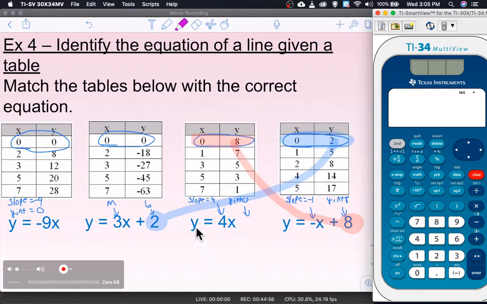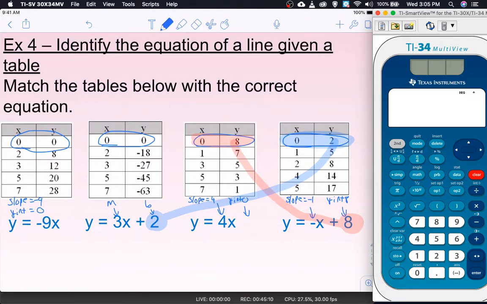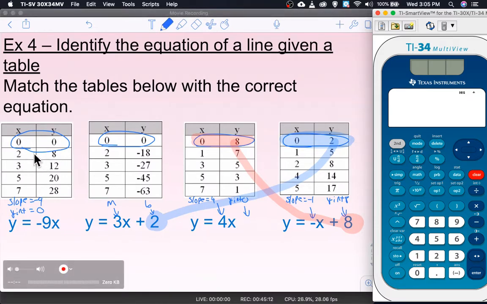The next piece of the puzzle is this slope of 4 means that each time the x value goes up by 1, the y value would go up by 4. That's what the slope is going to mean. Also, if you would imagine plugging these numbers for x and y into the equation, which one of the equations would the number 2 and 8 work for?